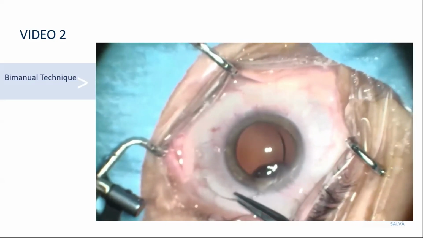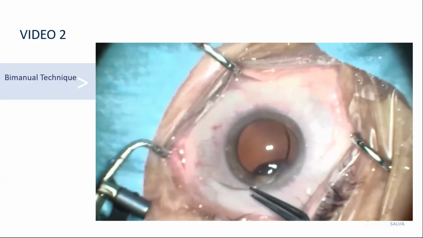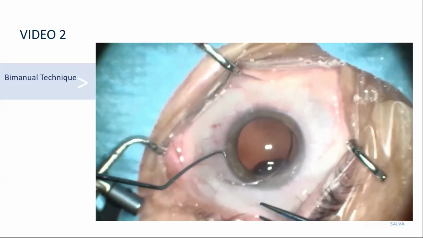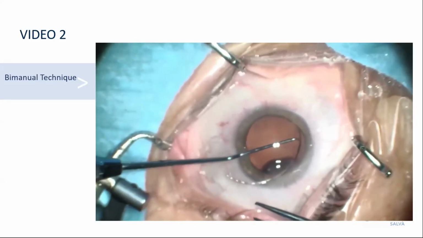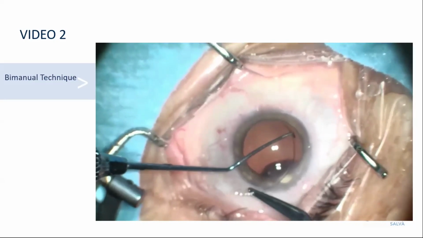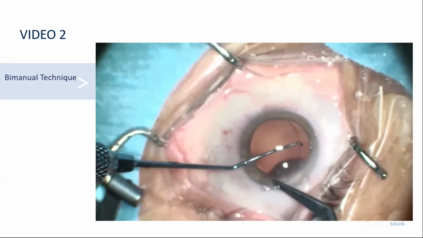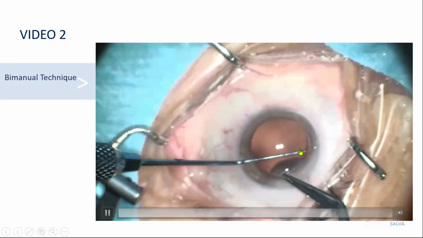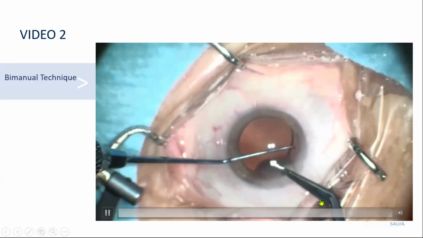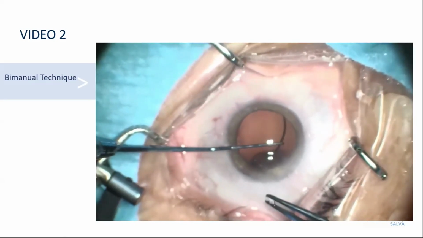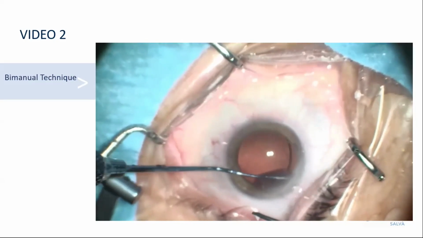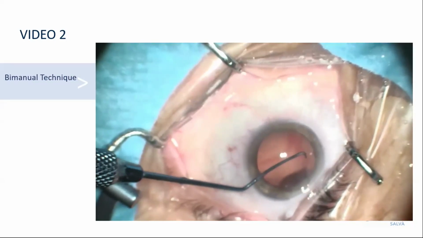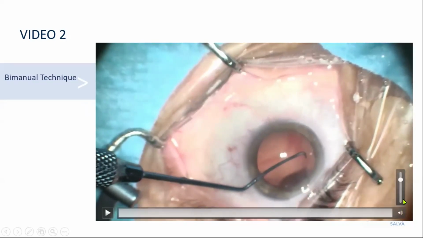So I choose to do the bimanual just by adding my chopper on the left paracentesis, not only to fix the eye, but also to help the CTR get into the rhexis and not have such a stress in the anterior rhexis here. But as I told you, the anterior capsule is elastic, and if you have a continuous rhexis without any notch, it's extremely unlikely you will have a break or a tear in your anterior rhexis.